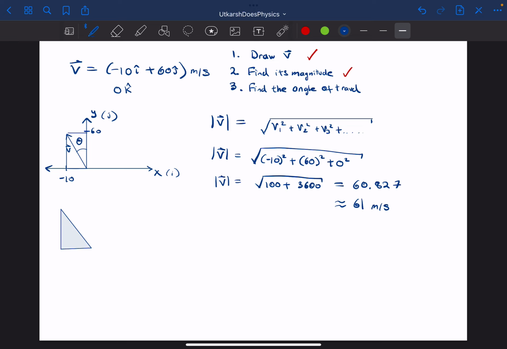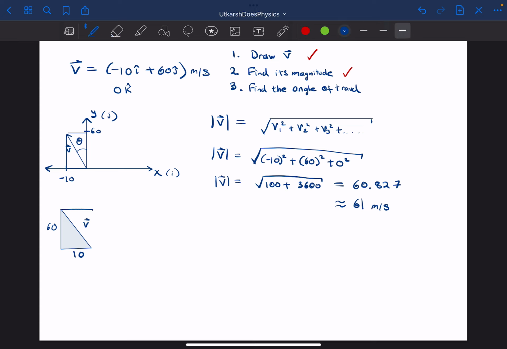So that's our vector v. Here we know that this is 10, and we know that this is 60. We're going to ignore the minus sign here, just so that we can actually compute our trigonometric functions.